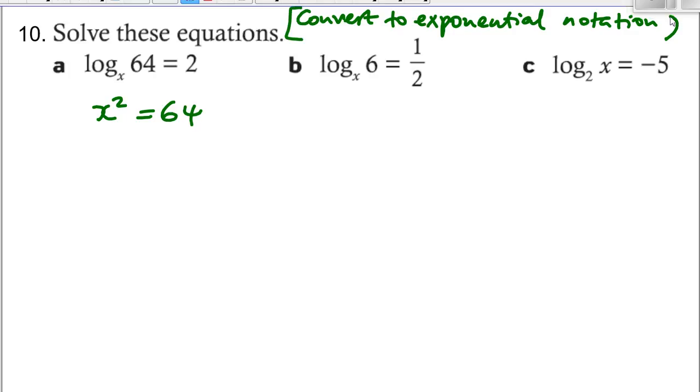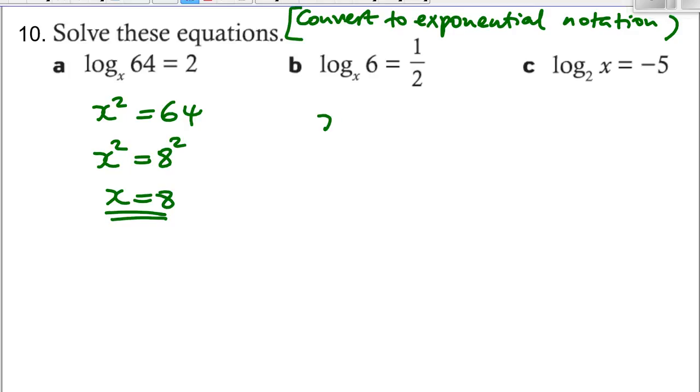So x squared is the same as 8 squared. And I'm just working this out by inspection. Something squared is equals to 64. That will be 8 because 8 squared is equals to 64. So x will be equal to 8 just by inspecting what you're given.